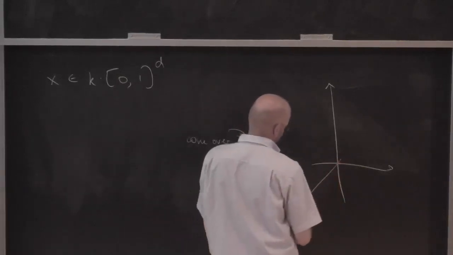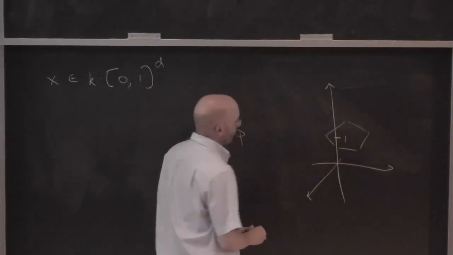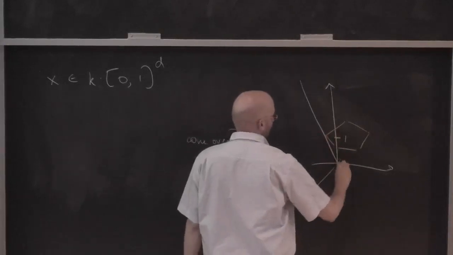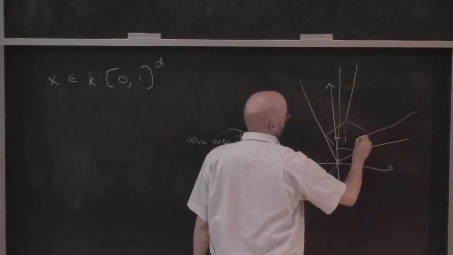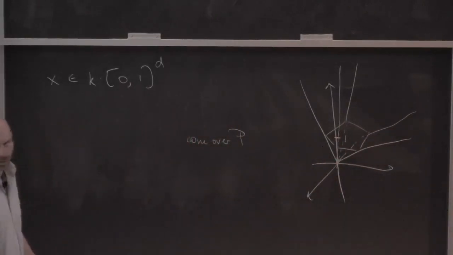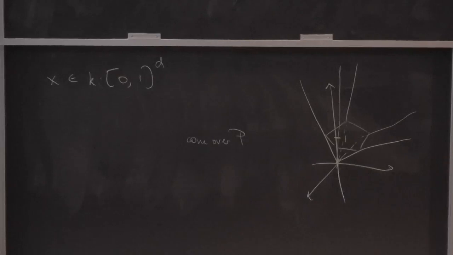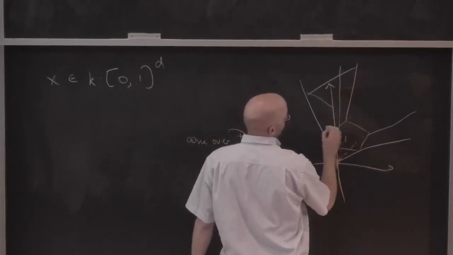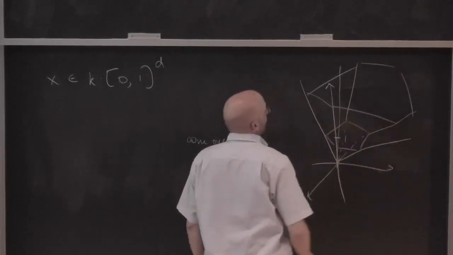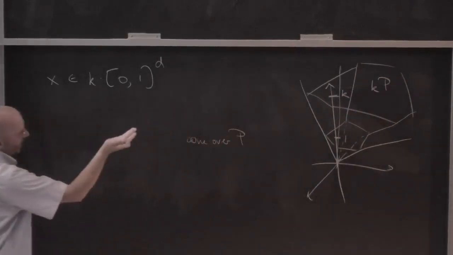So I take my polytope and lift it at height 1, and now form the cone over it. Why is this nice in my world? I didn't plan on using 3 colors, but here they are. If I cut at height k, I see k times the polytope.